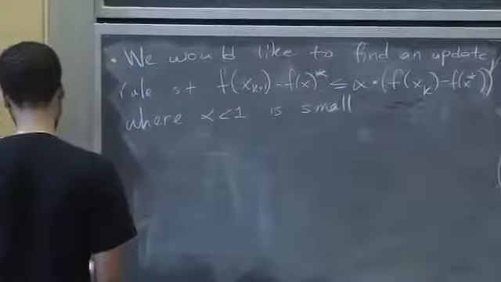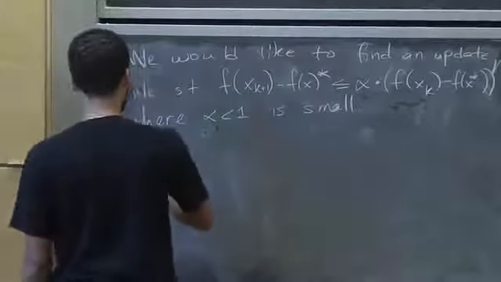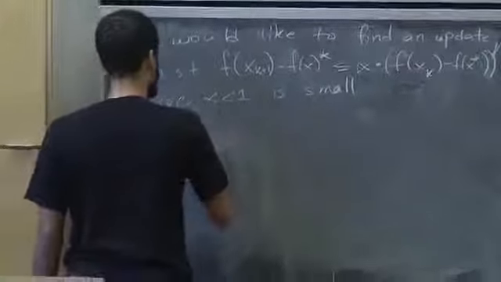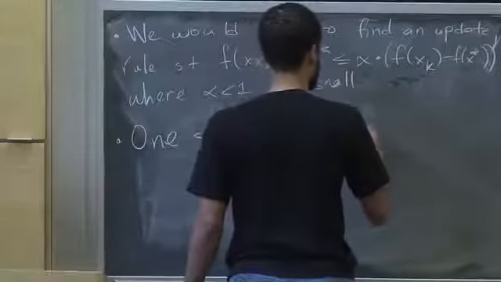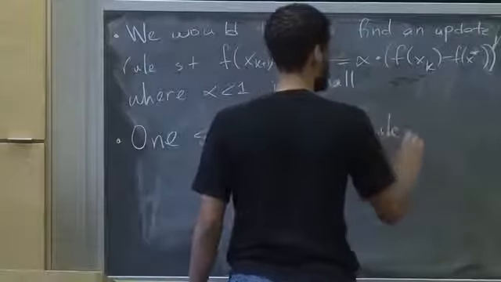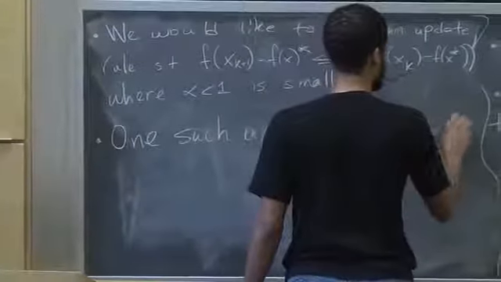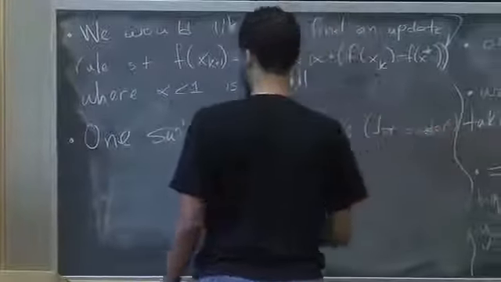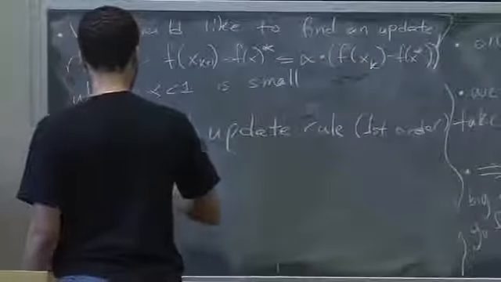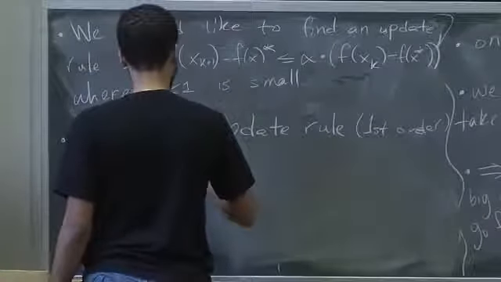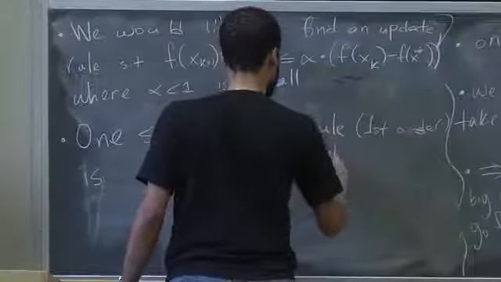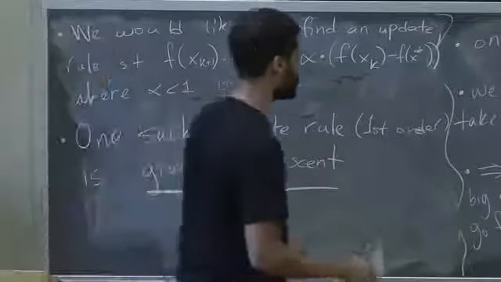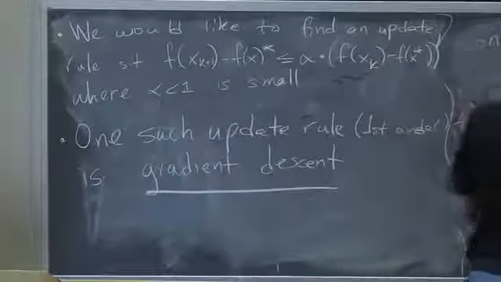One such update rule, which is a first order method, is gradient descent. Let me tell you what that is.